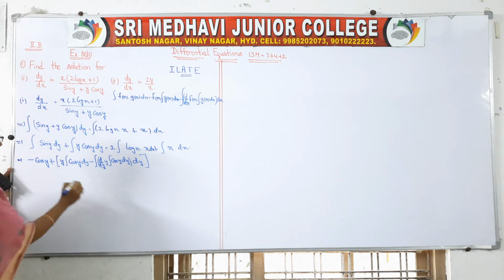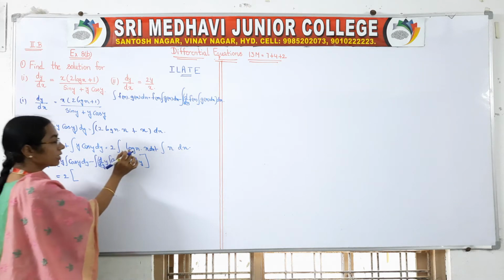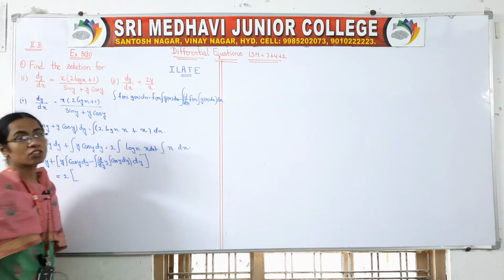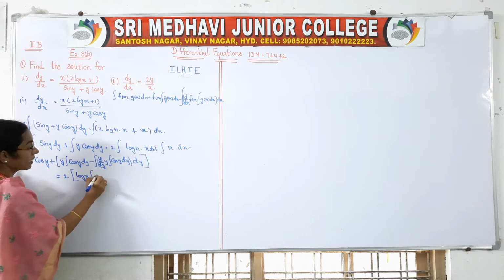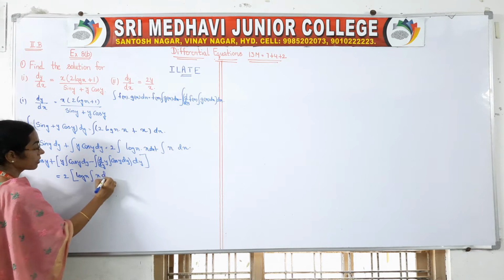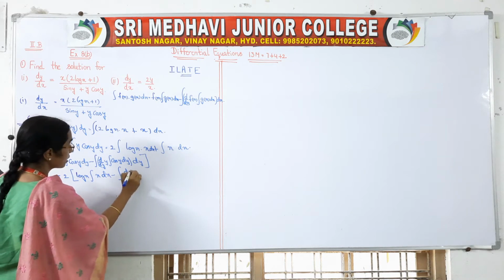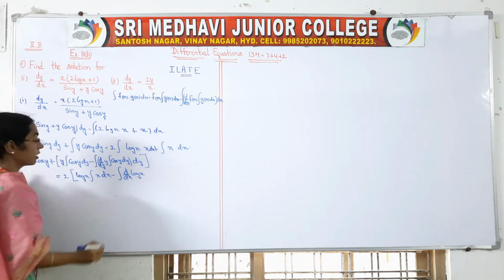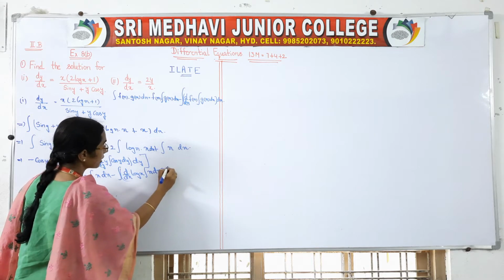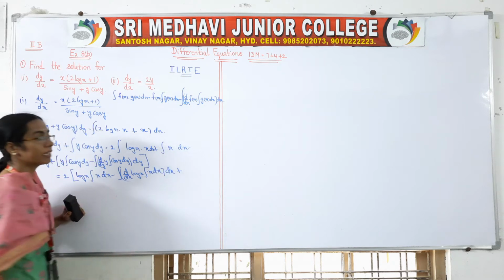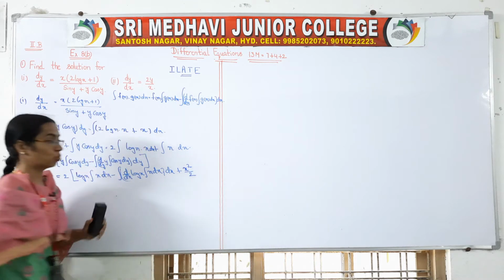Okay, so is equal to 2 into, again same thing, you consider this as f of x, this as g of x. So f of x, log x, integral g of x means x dx, minus integral of d by dx of log x, integral x dx, whole dx, plus integral x dx is x square by 2.